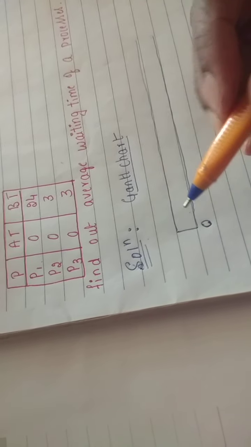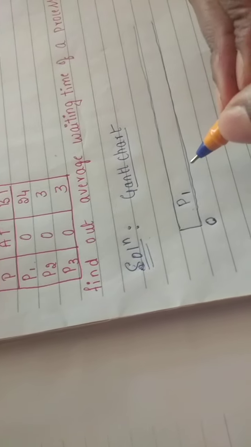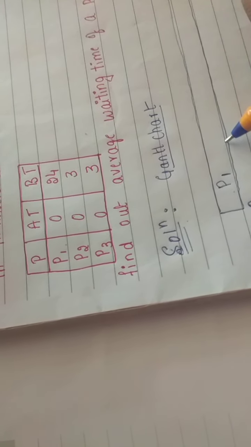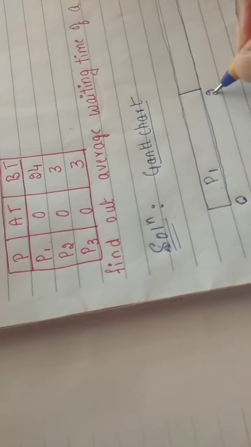That is why I am going to schedule P1, since it is in the first place in the table. It needs 24 milliseconds. If it is 1 millisecond, I'll put a small box here. If it is 2 milliseconds, I'll go to the next place and so on. I'll randomly choose 24 milliseconds somewhere here.